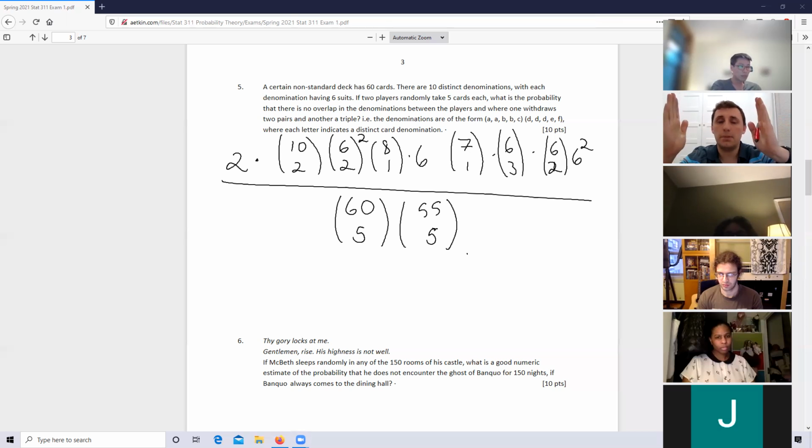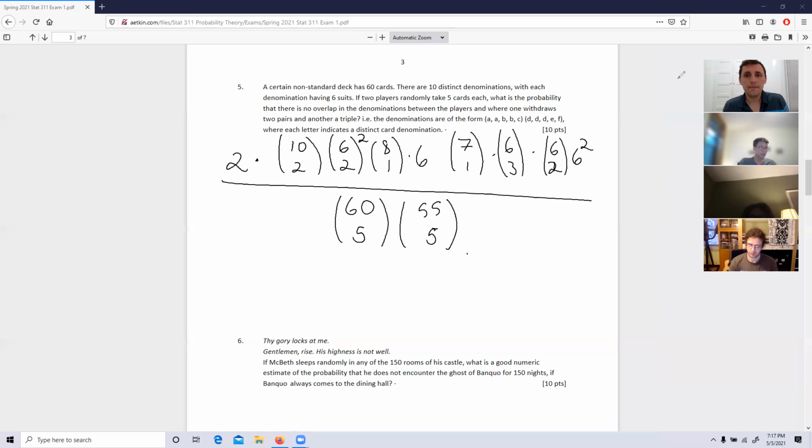And then I write the particular pair combination. And then I write the particular triple combination. Make sense? So the numerator is just describing how I carry the protocol. Understand? Good.